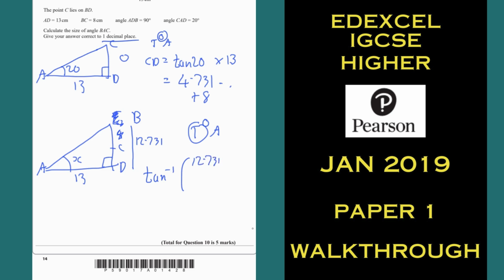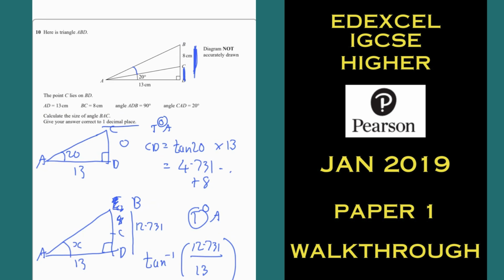Opposite over adjacent 13. I get 44.402.